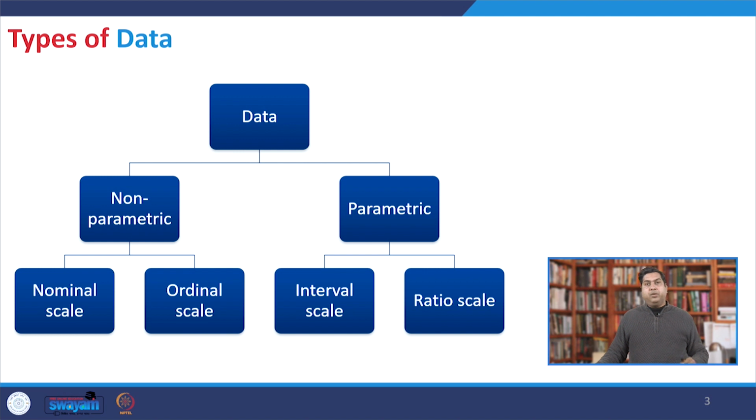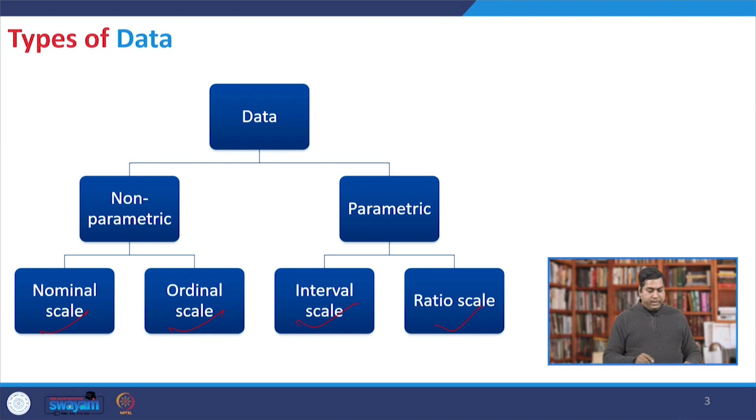If you recall, when we discussed the types of data, we discussed the basic 4 types: nominal scale data, ordinal scale data, interval scale data, and ratio scale data. As nominal and ordinal just show some sort of order or category, in case of nominal data we cannot essentially go for a parametric test.